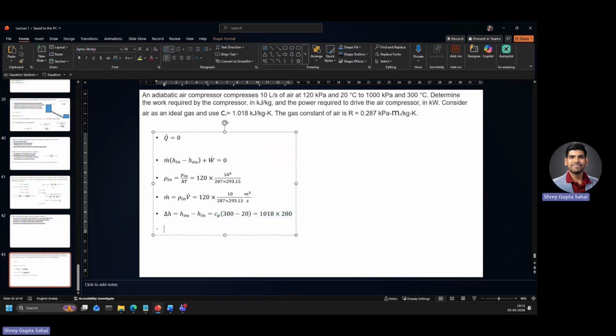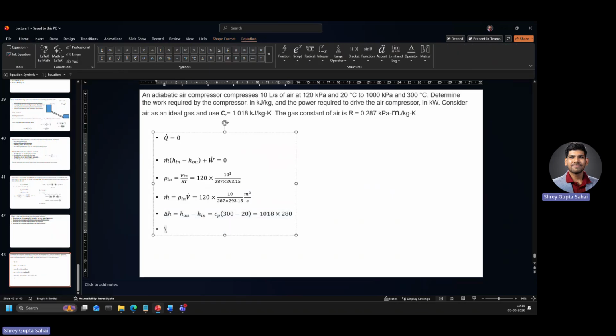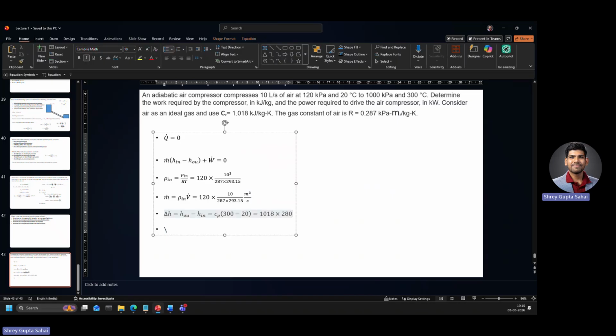So now your work done. First of all, work done per unit flow rate, which is delta H. 1018 into 280 will be kilojoules per kg, isn't it?